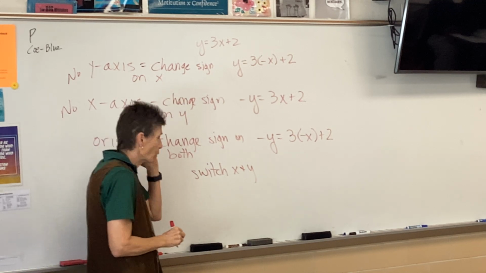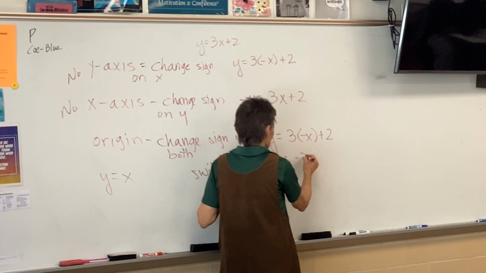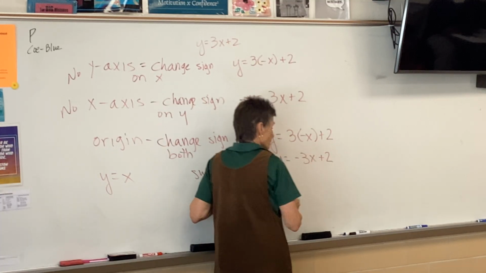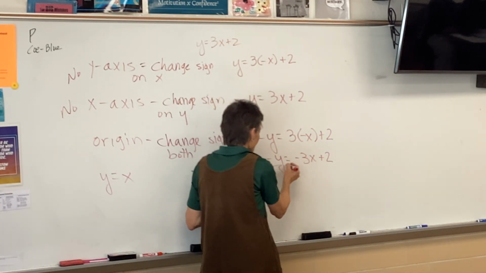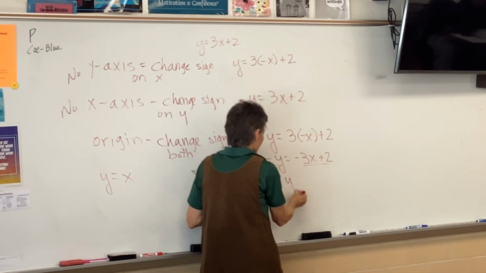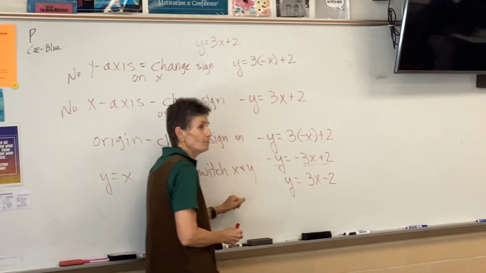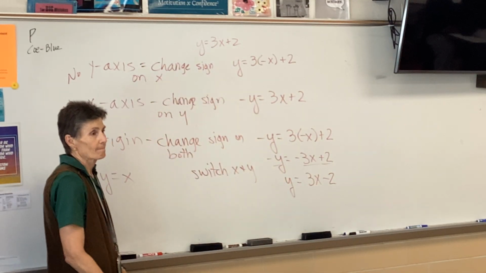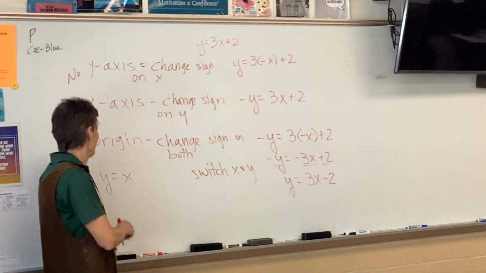You might want to actually work that one out. So negative y equals negative 3x plus 2. And if I divide by a negative, I'll have y equals 3x, oh shoot, minus 2? Is that the same as the original? Nope.